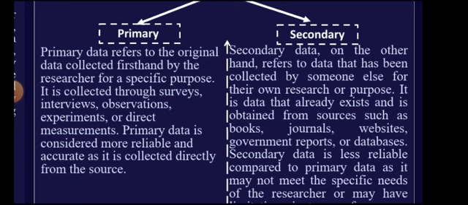Most of the times, this primary source data is called your raw data. It's the one you have collected firsthand, and we are saying that primary data is considered more reliable and accurate as it is collected directly from the source.